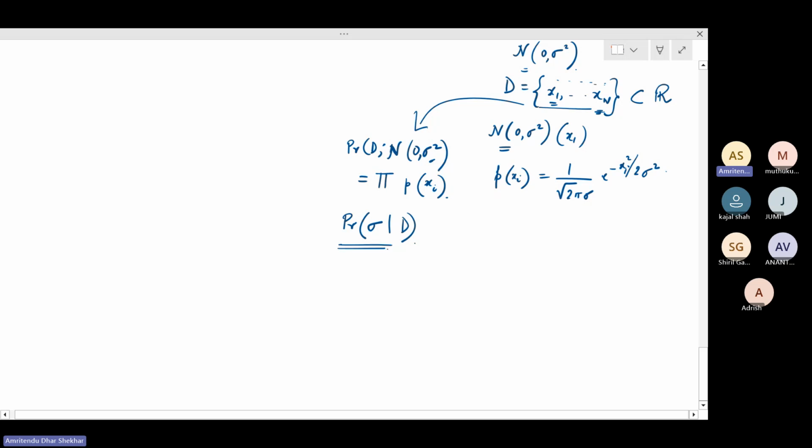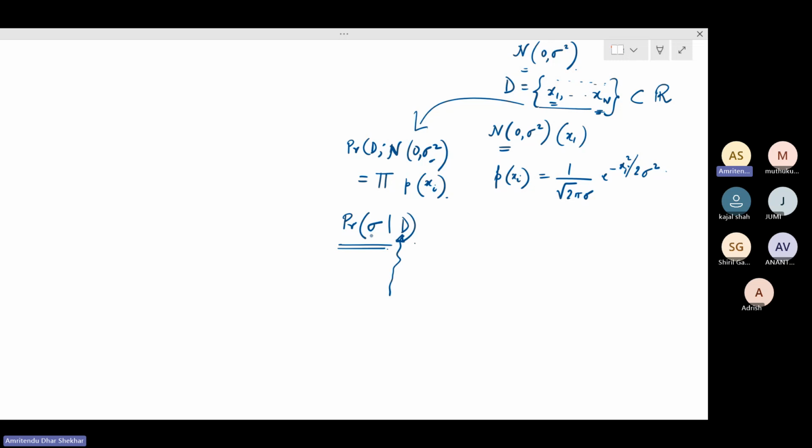You kind of have two events. One event is the data that is given to you. So this data is a collection of points. So yeah, this is an event.